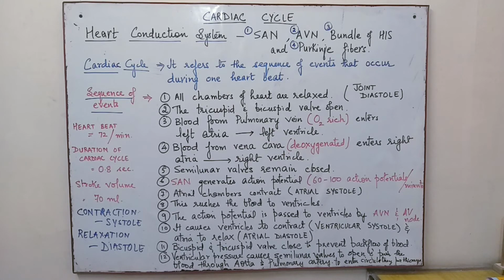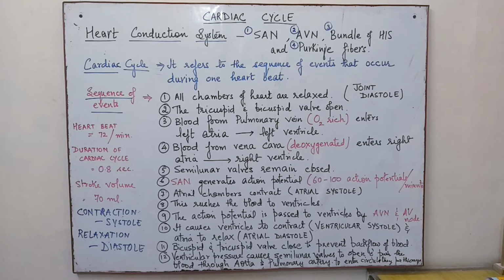Now let us start with the cardiac cycle. To make you understand easily, I have arranged it in the form of a sequence of events. These events together result in the cardiac cycle, so it's one complete cycle of the heart.